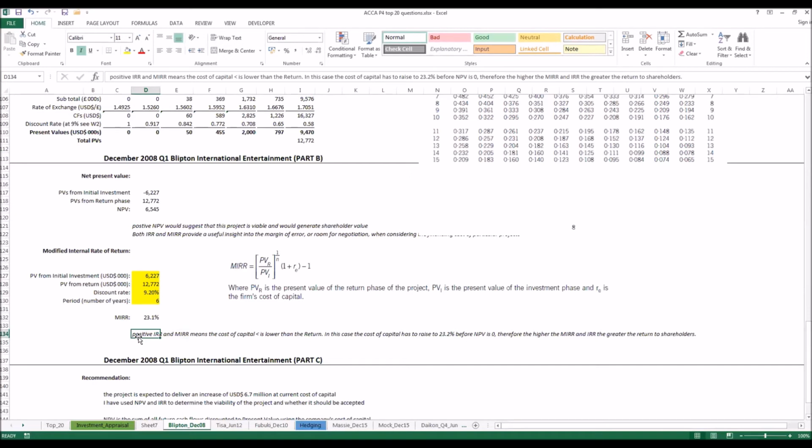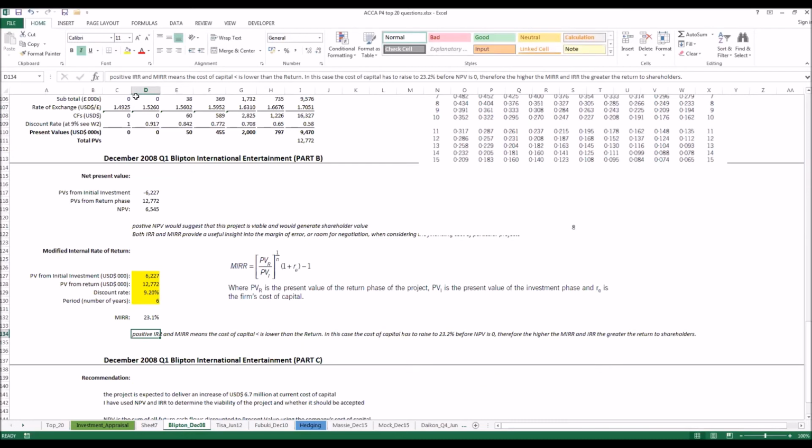A piece of commentary that you can add as an explanation is a positive internal rate of return and modified internal rate of return means that the cost of capital is lower than the rate of return.